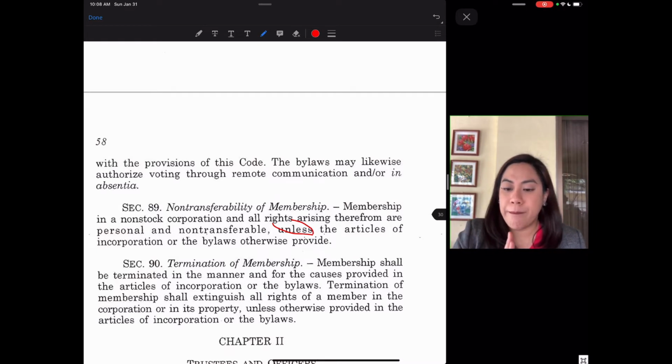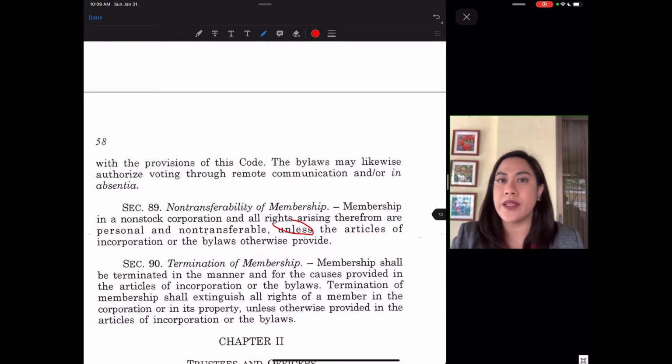So, while a non-stock corporation cannot be compelled to accept any person as a member, please note that the person who desires to be a member can still sue the directors who unjustly or unfairly refuse to accept them. And this would be covered under Sections 19, 20, 21 of the Civil Code, which talks about abuse of right.